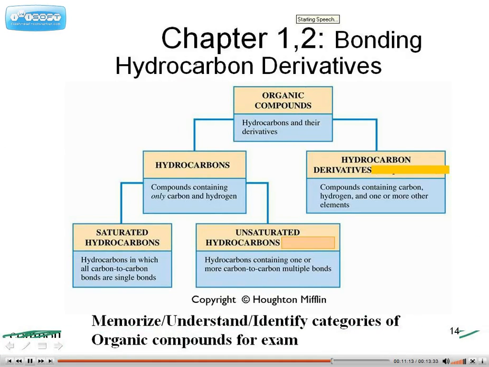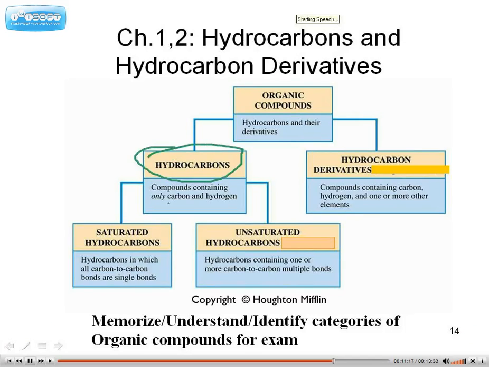Here is a general table you have to know. Hydrocarbons, we just talked about that. Carbon and hydrogen are present in a hydrocarbon. And hydrocarbon derivatives. Now, if hydrocarbons contain nothing but carbon and hydrogen, hydrocarbon derivatives contain carbon, hydrogen, and any other element.